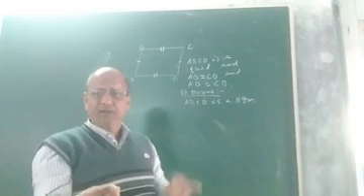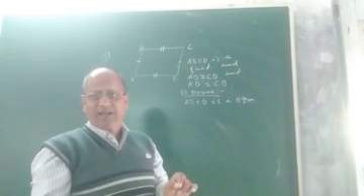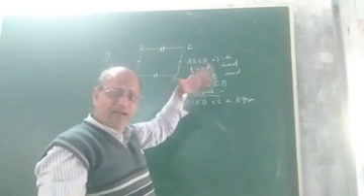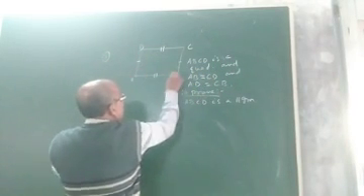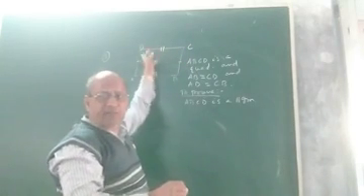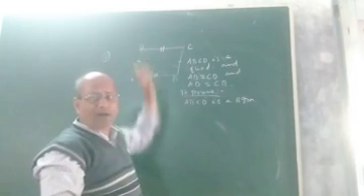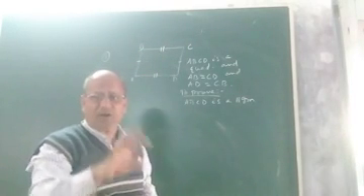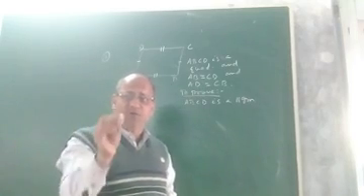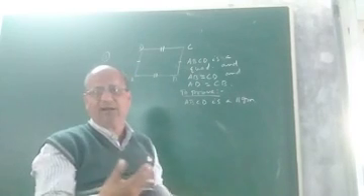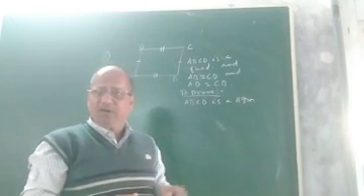Children, you know, if any one pair of opposite sides of a quadrilateral is parallel and equal, that means if AB equal to CD and AB parallel to CD, then also it will be a parallelogram. It is not necessary that every time we show both pairs of opposite sides parallel to claim that a quadrilateral is a parallelogram.